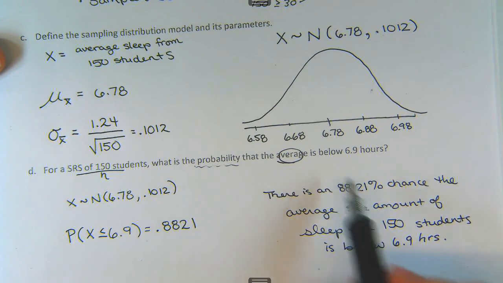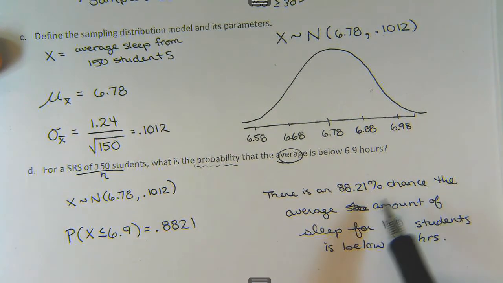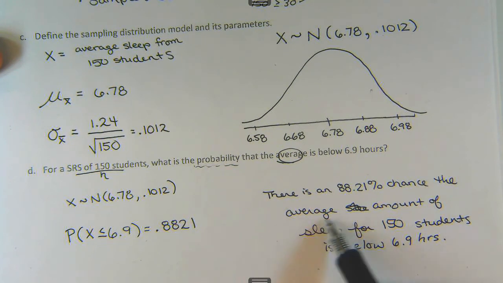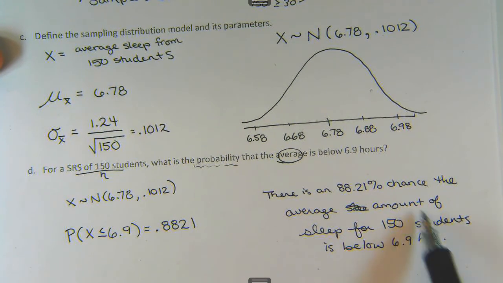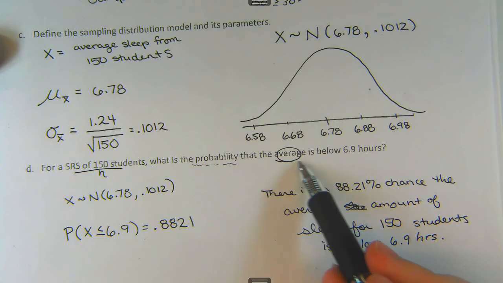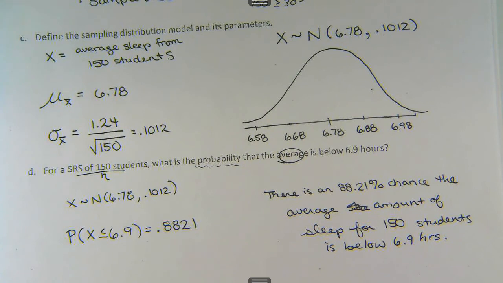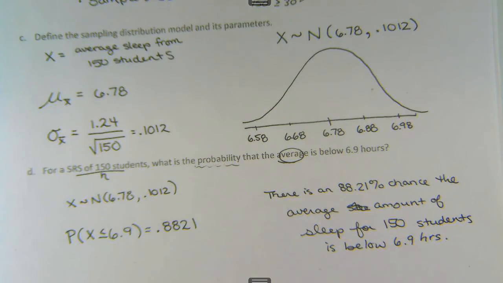So in our wording here, we get that percentage from the probability part, and then there should be the word average coming through and a sample size coming through in your wording. So this average of a certain sample size is, and then whatever we're looking for, in our case below 6.9 hours. So that's our example for sampling distribution of means.